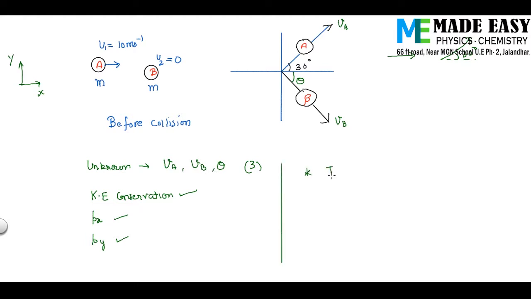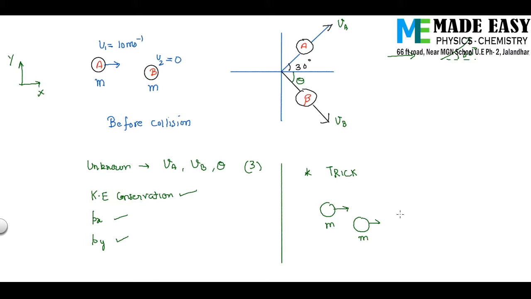But here we can use a trick to make our problem simpler. The trick is, when you have two bodies of equal mass and they undergo an oblique collision, and I hope you remember the condition for oblique collision, the lines of velocity should be different.